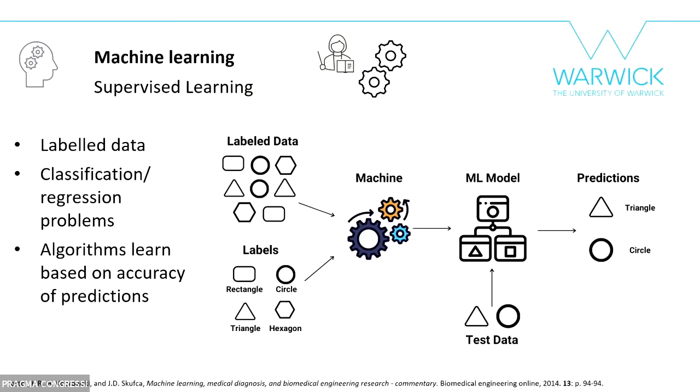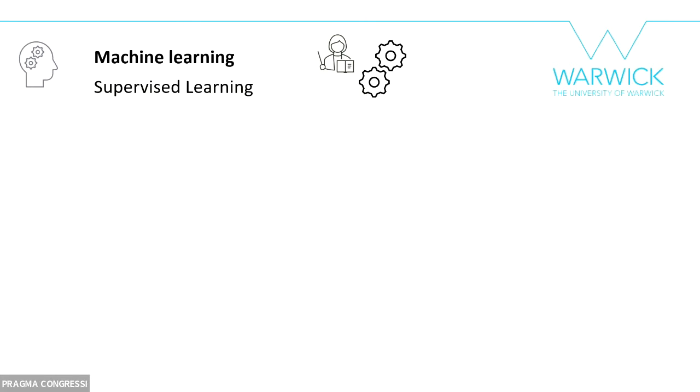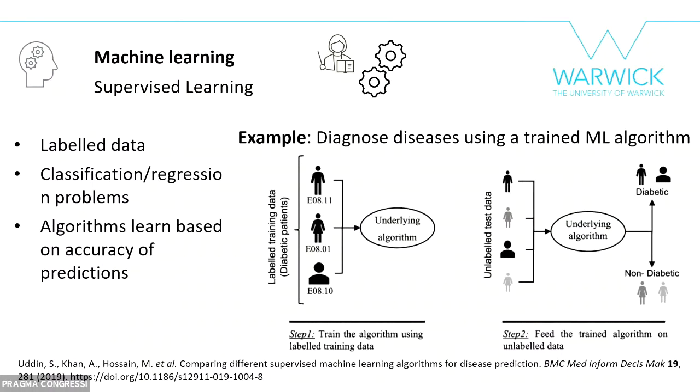So thinking about healthcare, an example would be if you had information on patients with diabetes and patients without diabetes, you could then train your algorithm to sort new patients automatically into whether they have the disease or not. And the algorithms learn based on the accuracy of their predictions whilst they learn the training.